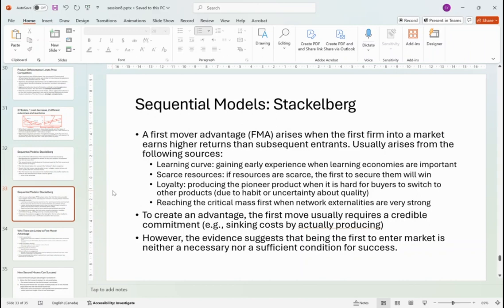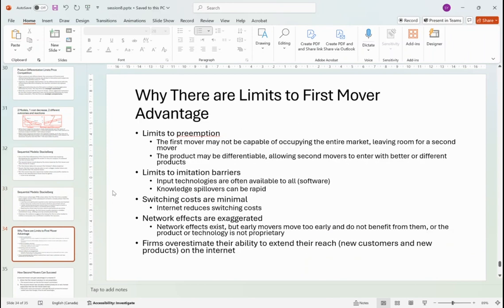But there are some cases in which the first mover is not necessarily going to be successful, right? For example, sometimes the first mover is not able to produce and get the entire market. So there are some capacity barriers, capacity constraints, and they cannot get the entire market. That means there would be some room left for the second firm, right? Or sometimes the product could be differentiated.